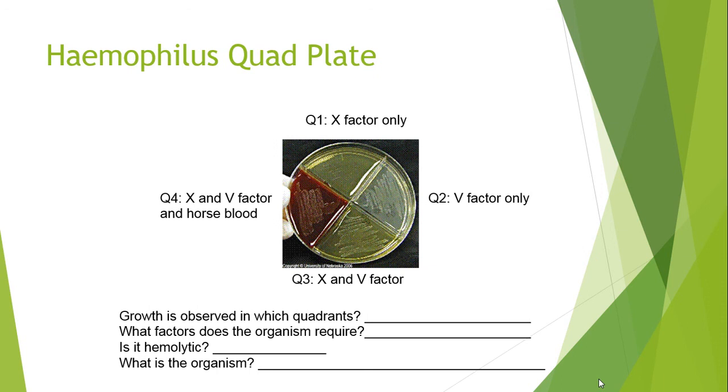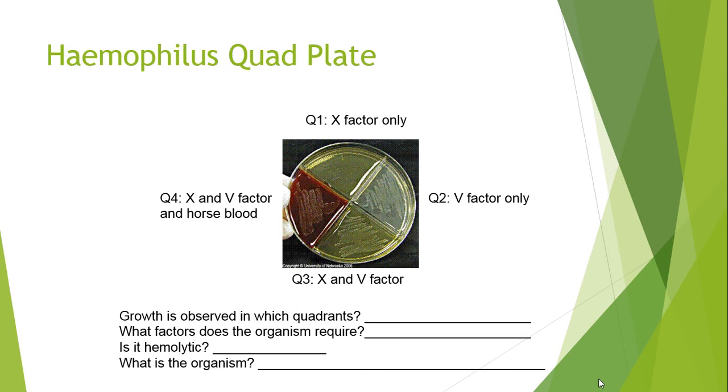Because it's not growing here, so it's lacking something. This only has X factor. It doesn't need X factor to grow, so it's not going to grow. This here only has V factor, and it's able to grow. So that's what it needs. And it'll grow here in 3 and 4 because they both have V factor, right?